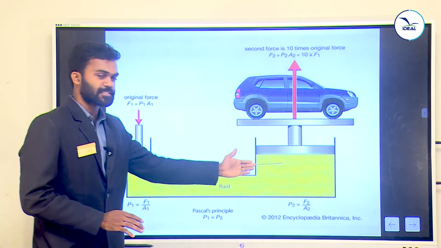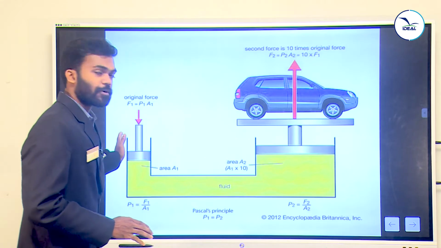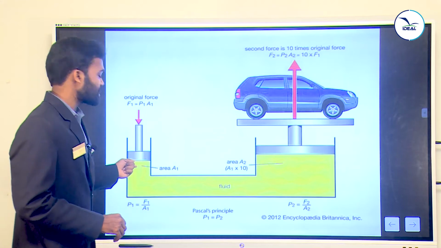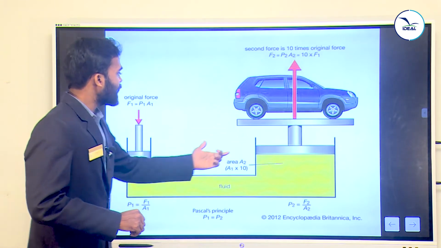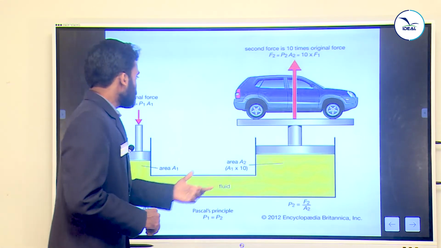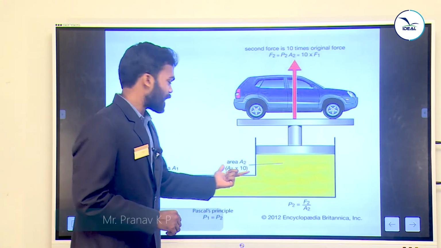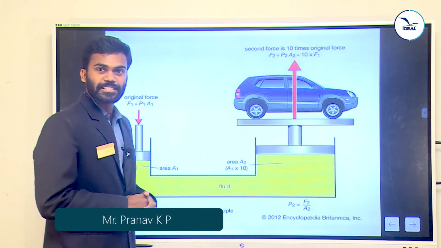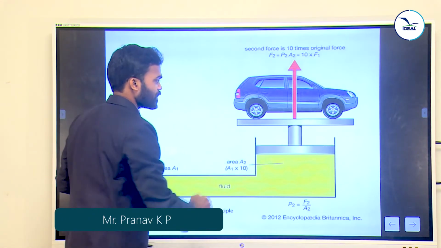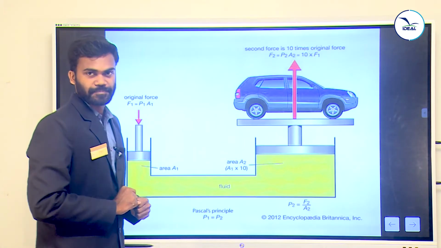The area of cross section of the first end we can name as area A1, and the area of the second end is namely A2. The area A2 is 10 times the area of the first end. Clear? The area of the second end is 10 times the area of the first end.